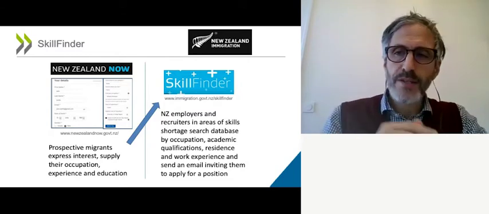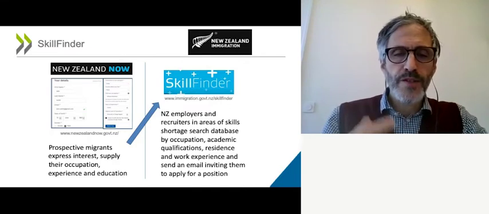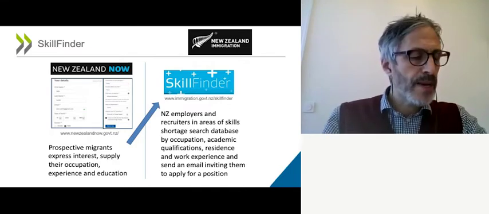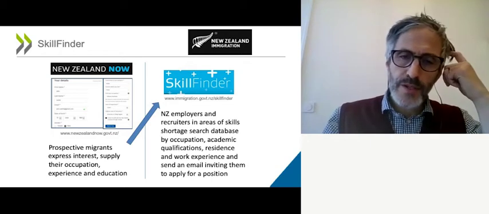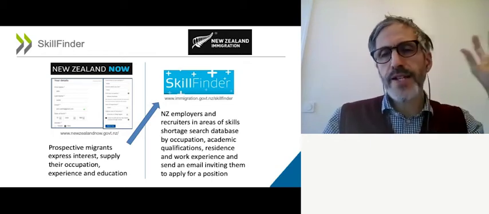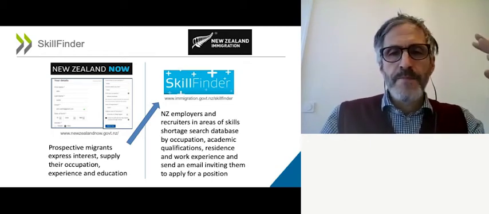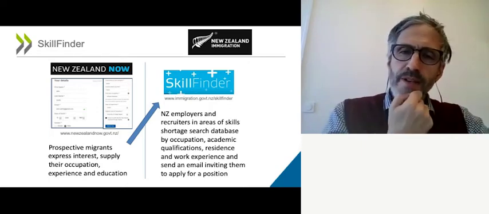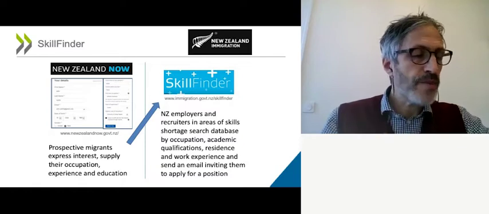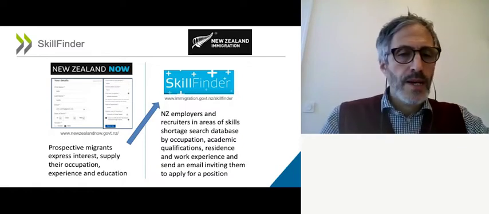The employer contacts them directly. There is some oversight about what happens, follow-up. But actually, if you look at who's using this system to recruit, it's mostly recruiting agencies. In the end, very few single employers are recruiting directly from this database. It's mostly recruiters and intermediaries who are doing this.